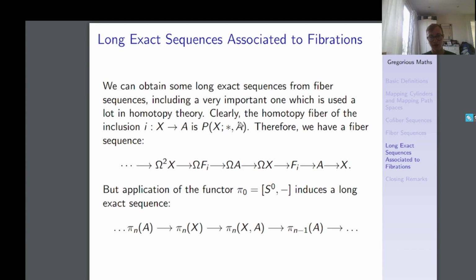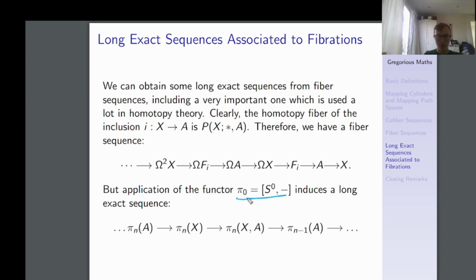So let's make this more precise. Firstly, note that the homotopy fiber of the inclusion is the path space of paths which begin in X but end in A. If you look at the definition of the homotopy fiber, you'll see that's quite clear. Applying this as before, we have a fiber sequence which looks like this. But now something incredible happens.